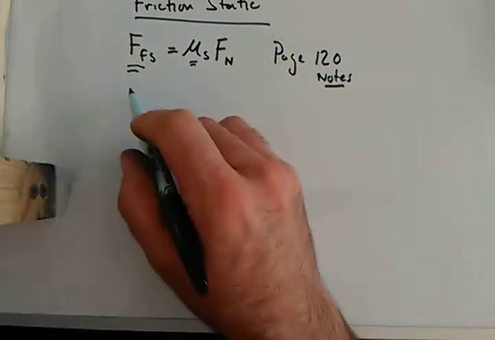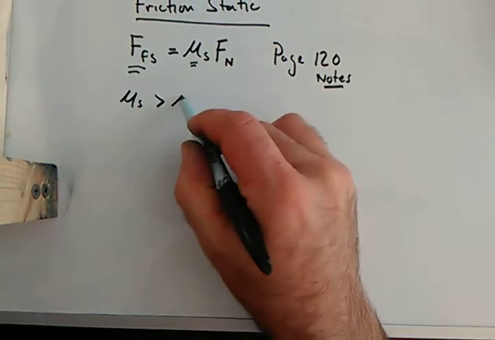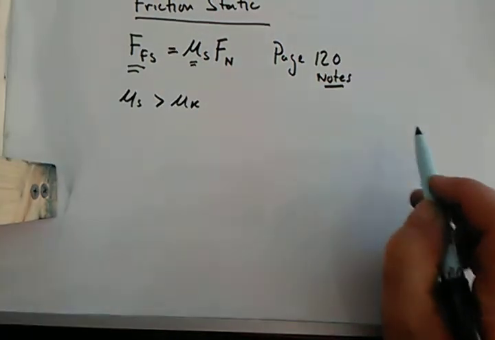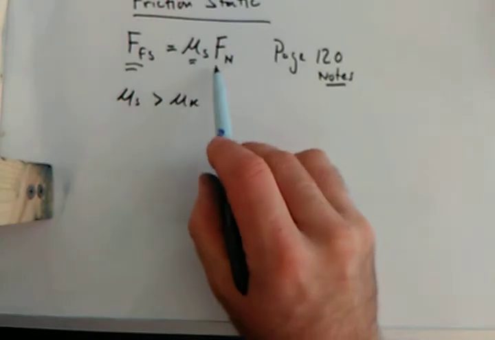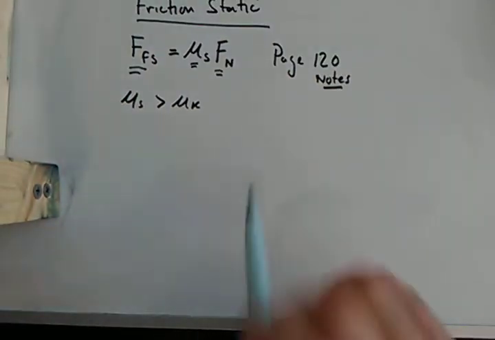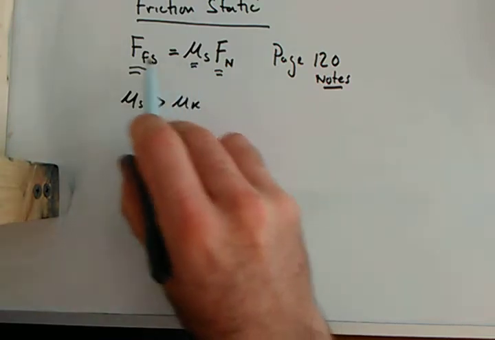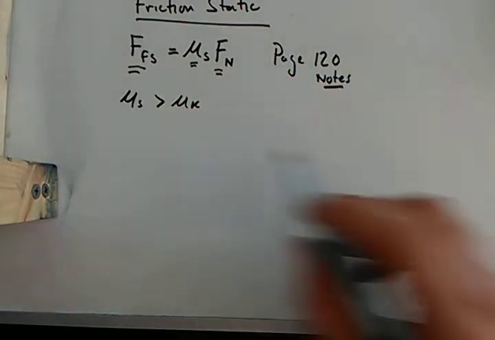Just a little recap: static friction is always greater than kinetic friction. Now, let's simplify this a bit. I'm going to give you the normal force and the mu, and all I want you to do is look for the static frictional force.